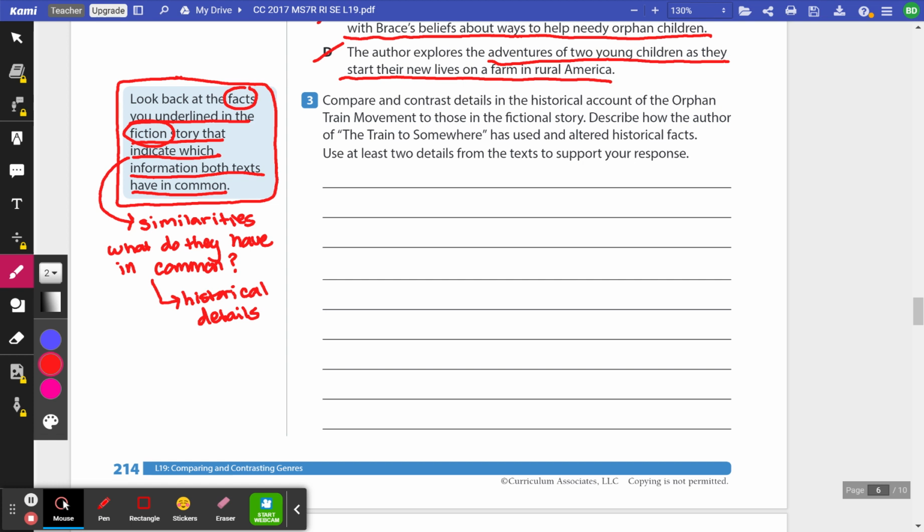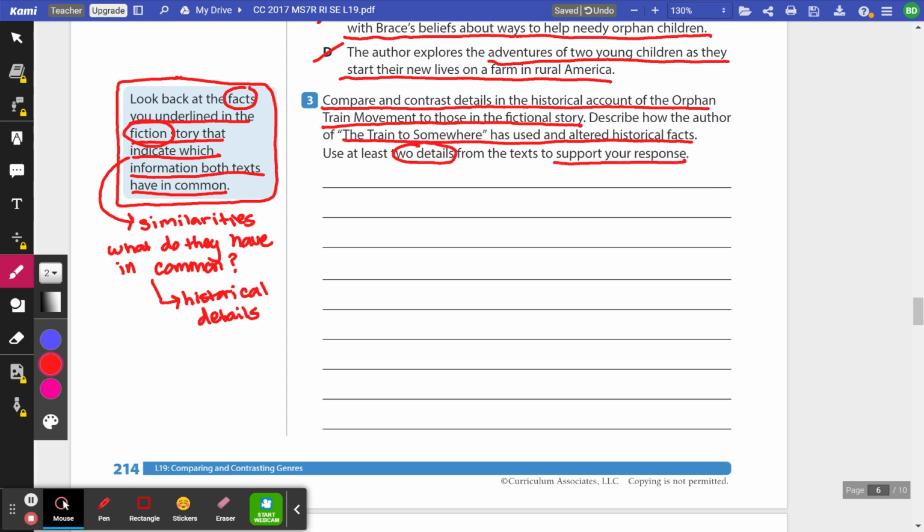So, with that being said, let's go ahead and dissect our writing prompt. So, it says, compare and contrast details in the historical account of the orphan train movement to those in the fictional story. Describe how the author of The Train to Somewhere has used and altered historical facts. You have to use at least two details from the text to support your response.